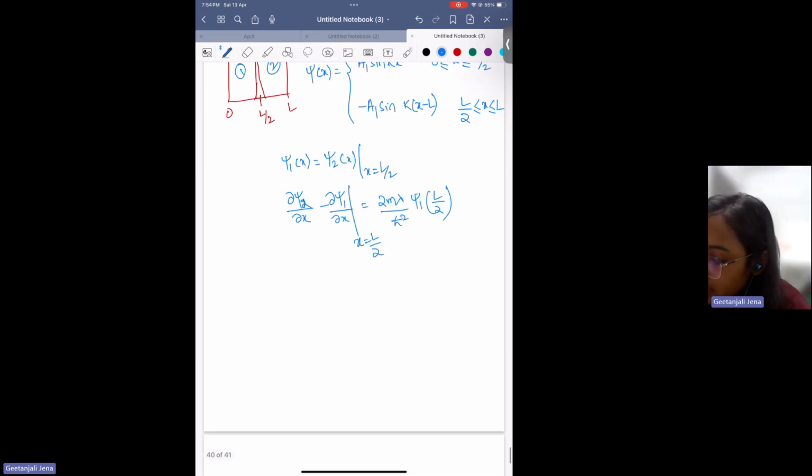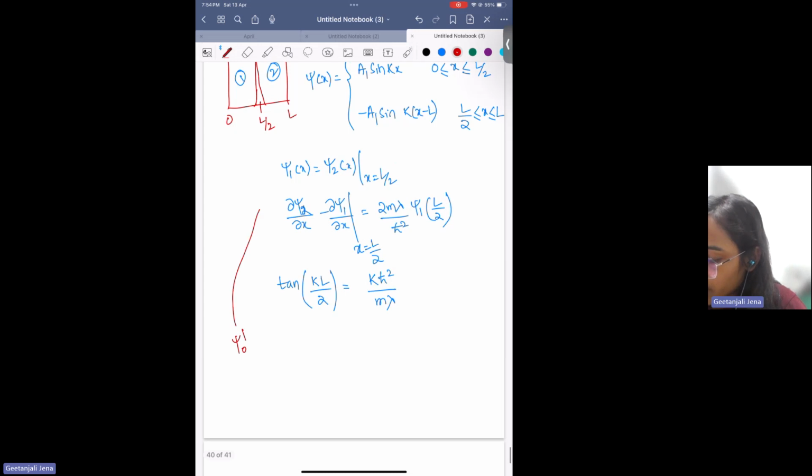The transcendental equation we got is tan(kL/2) equal to minus kħ² by mλ. So the ground state wave function, let's say psi 0 prime for the case where we have a delta potential, will satisfy all these equations.